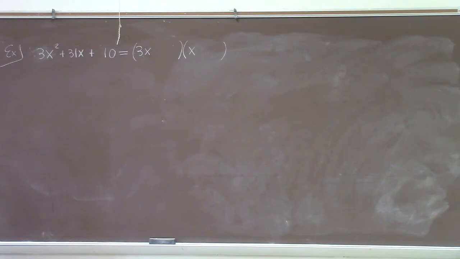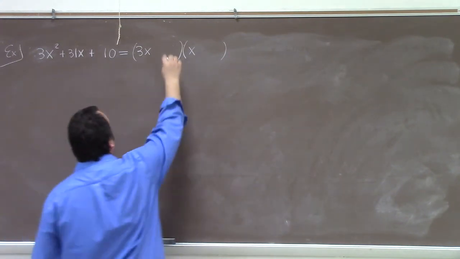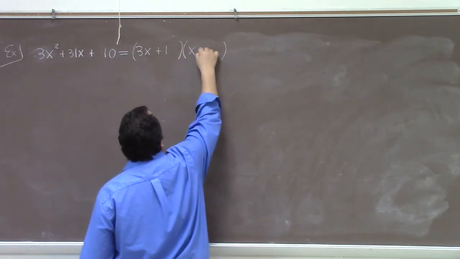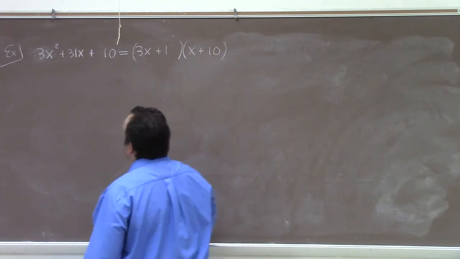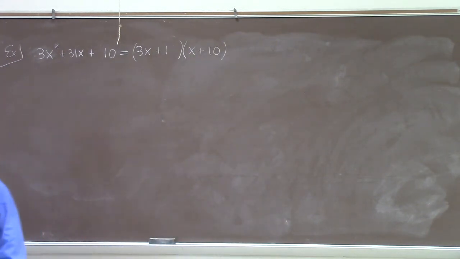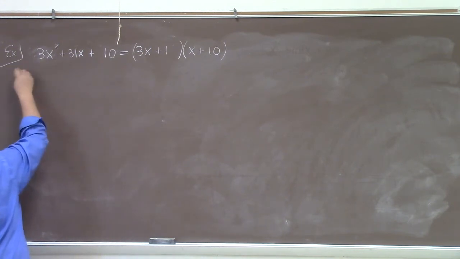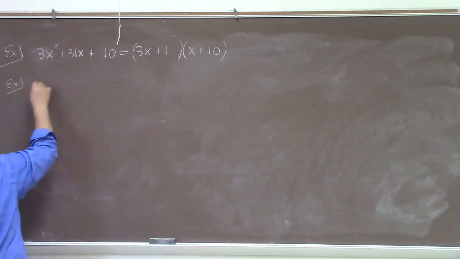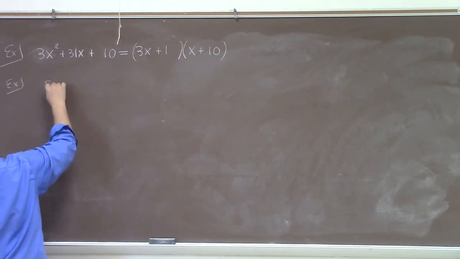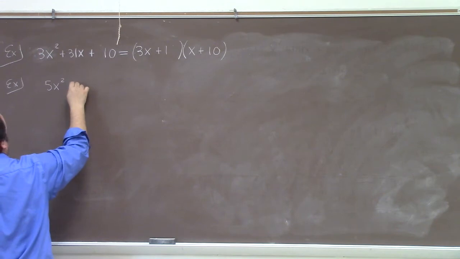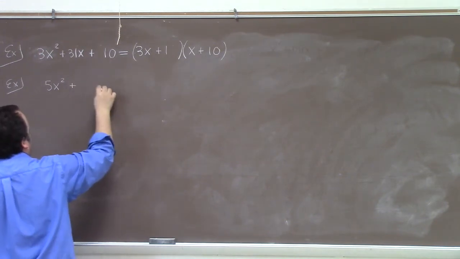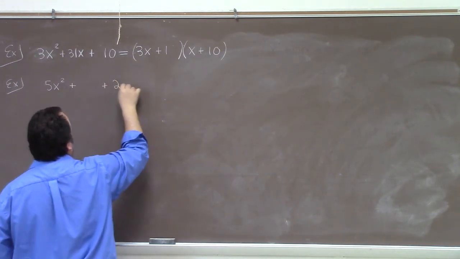3x plus 1, x plus 10? Okay. Yeah, you see where I come up with that from the other example. You know what I'm up to, don't you? Okay, so just do another one of these. Let's see here. How about 5x squared plus something plus 2.